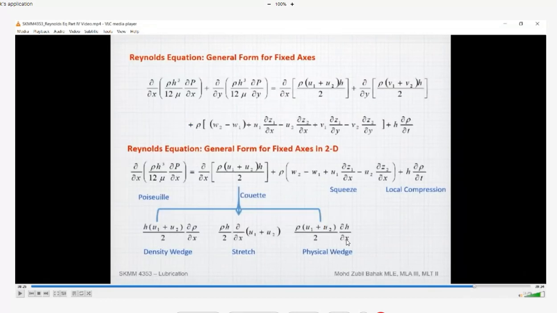For those who, for example, want to continue their study at master's degree level and want to know what really happened, if you go to the basics and you have a bearing, and you want to consider all of these Poiseuille, Couette, squeeze, local compression, density, viscosity and physical effects, all of this can be analyzed or solved using CFD.